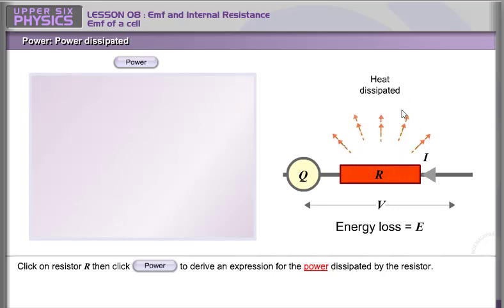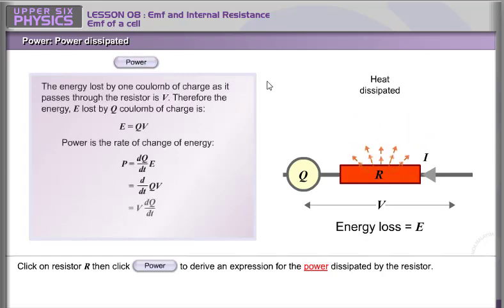Heat means energy, so there will be an energy loss, and there is also a power loss. When the energy lost by 1 coulomb of charge as it passes through the resistor is V, the energy E lost by Q coulombs of charge is given by E equals QV.